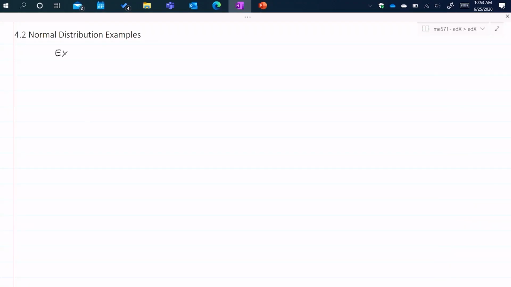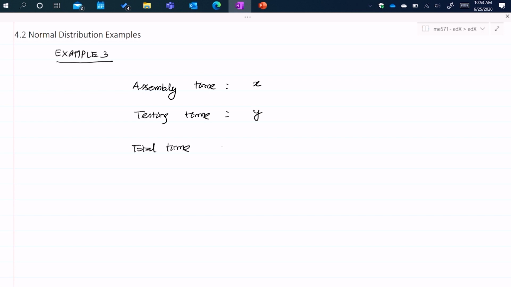This is example 3. Let's say assembly time is the random variable x, and testing time is the random variable y. Total time, we'll call it t. T is equal to x plus y.